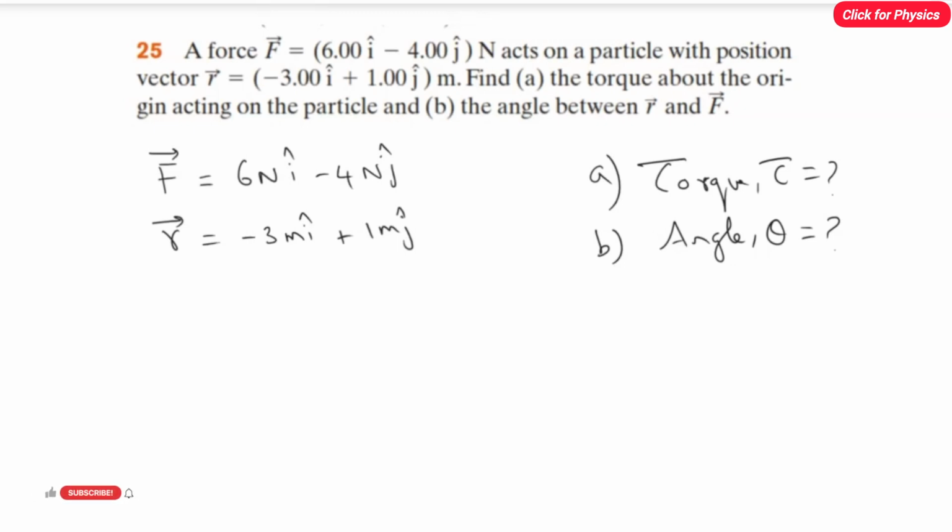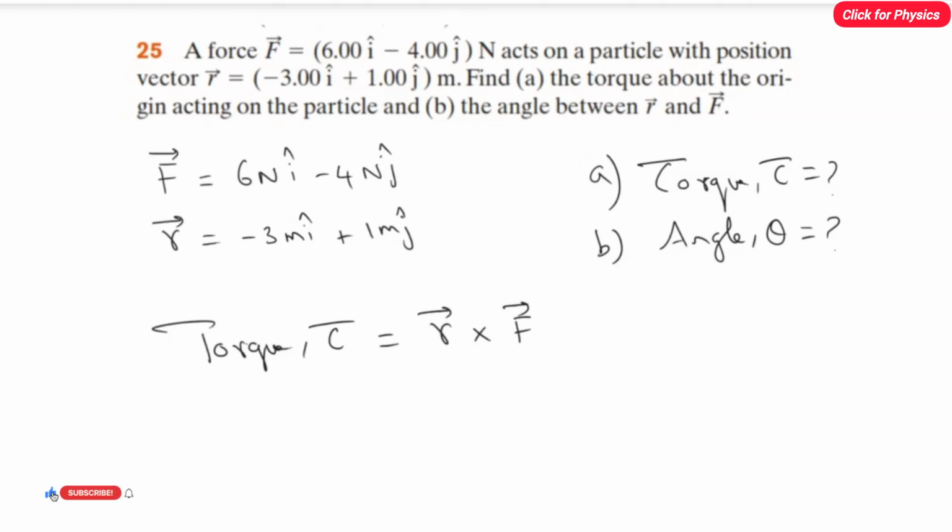So first of all, let's go back to our theory. What formula did we study for torque? Torque tau is equal to r cross F. Here we have to use this formula for finding the torque, because the force is in vector form and the position vector r is also in vector form.